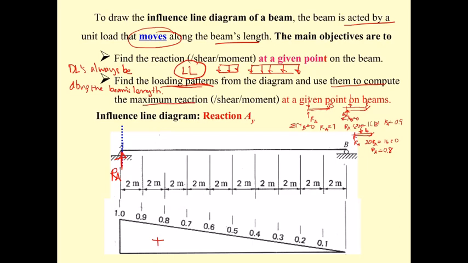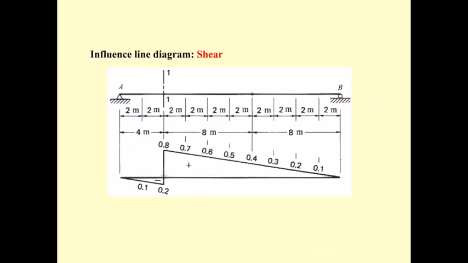For this one, you can see the load is going to be on the area here, because all the influence here is positive, so you just put it in the positive. And next, you can do the same thing, but I'm not showing it here. You just move the loading.